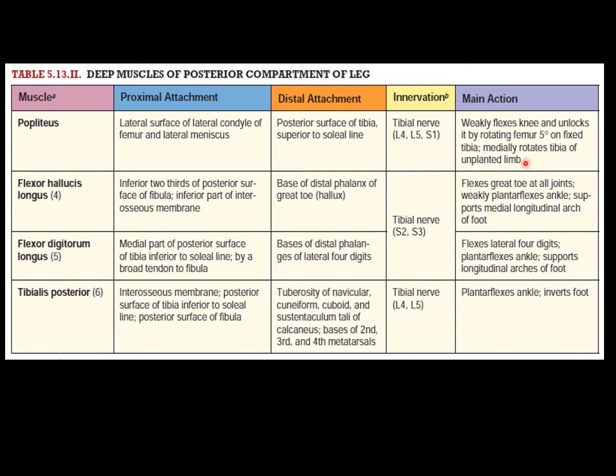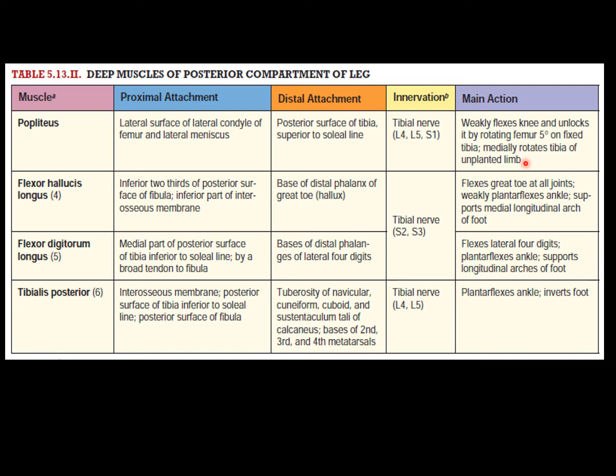So commonly, when we extend the knee completely, our knee locks because the tibia rotates on the femur. So because of the rotation of the tibia on the femur, the knee locks. To unlock, we have to slightly flex it as well as rotate the femur, and that rotation takes place only for 5 degrees on the fixed tibia.